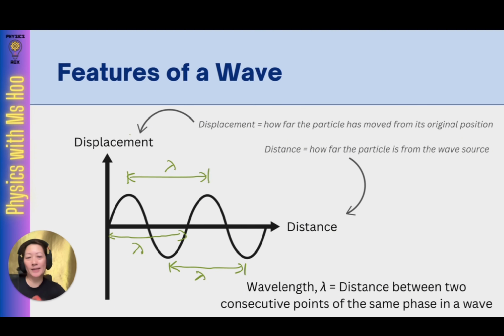Similar to the previous graph, you can also measure the amplitude because amplitude is the maximum displacement. So you'd measure the amplitude from the distance axis to the crest or to the trough.